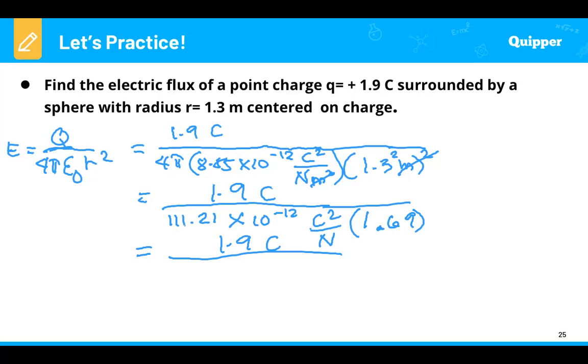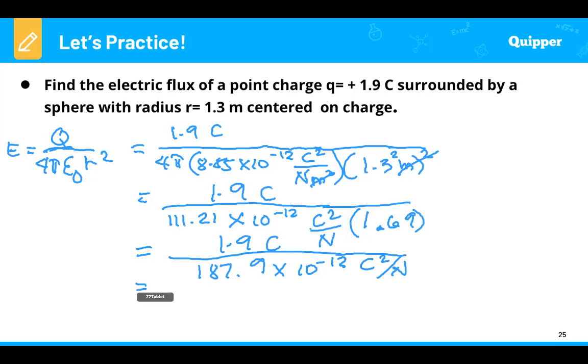So it will become 111.21 multiplied by 1.69 is equal to 187.9 by 10 raised to negative 12 C squared over N.